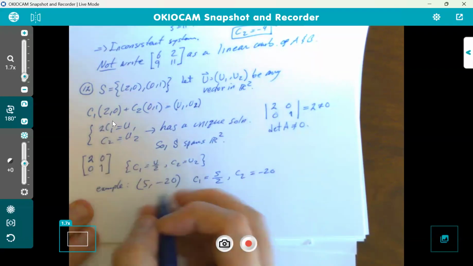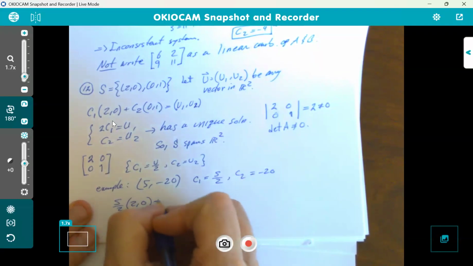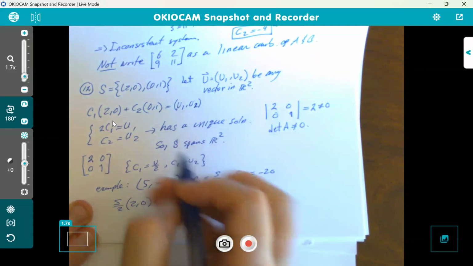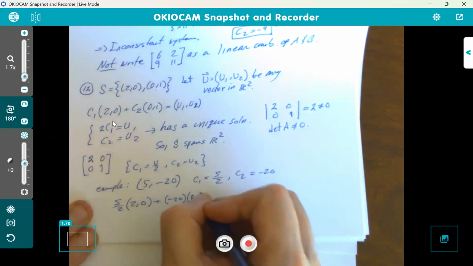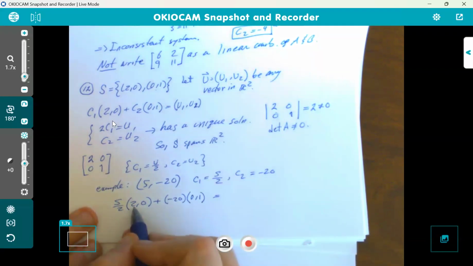Now let's do this. C1, that's 5/2 times (2, 0), plus C2, negative 20, times (0, 1). Let's see what we get. 5/2 times 2 is 5.